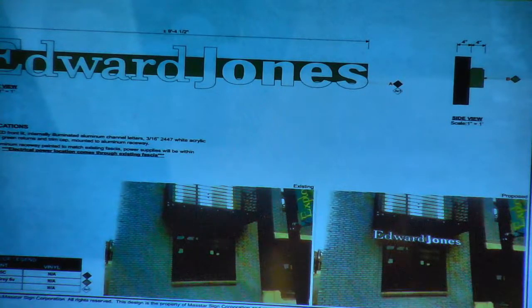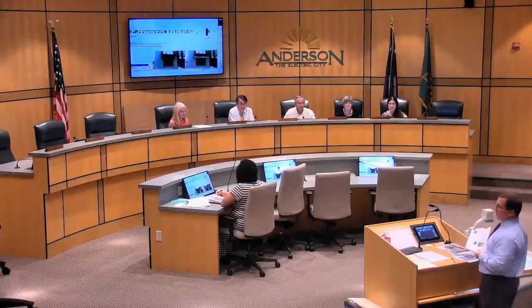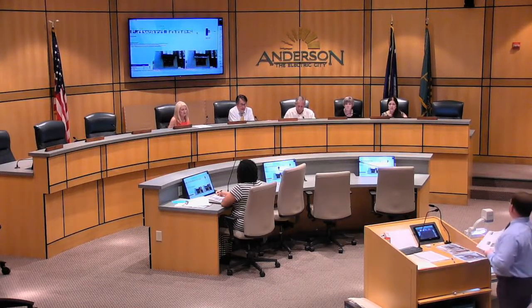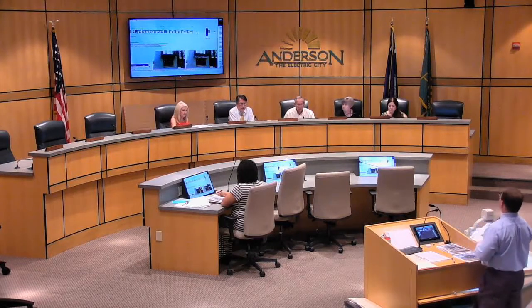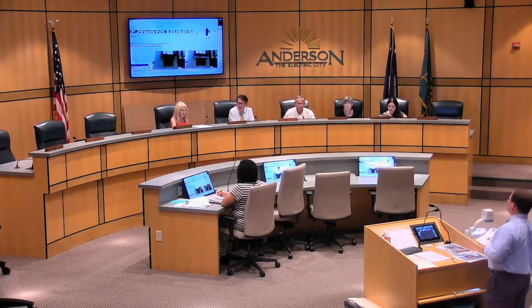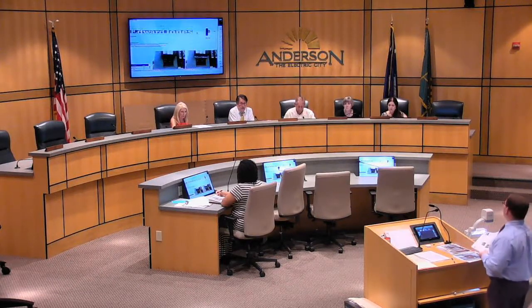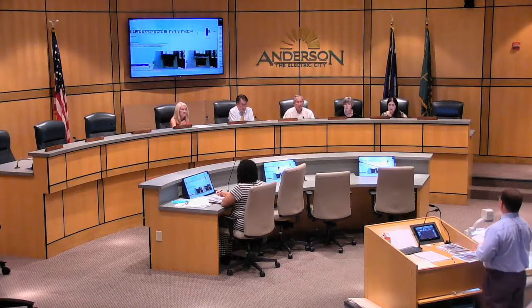The whole first floor? Edward Jones? You are not leasing the whole first floor, correct? No, just the bottom half. So half the first floor. How many tenants are they expecting with the new configuration? So 2 tenants on the first floor. Okay.